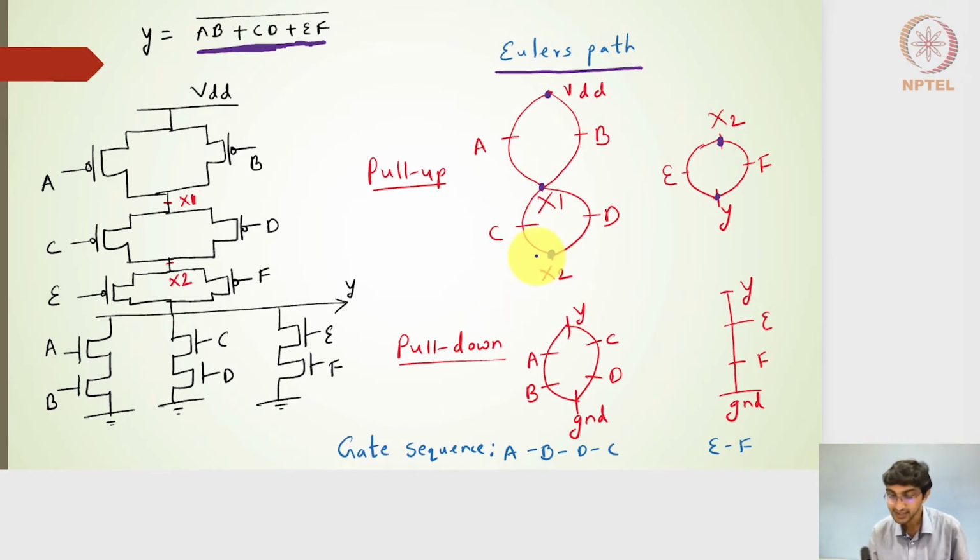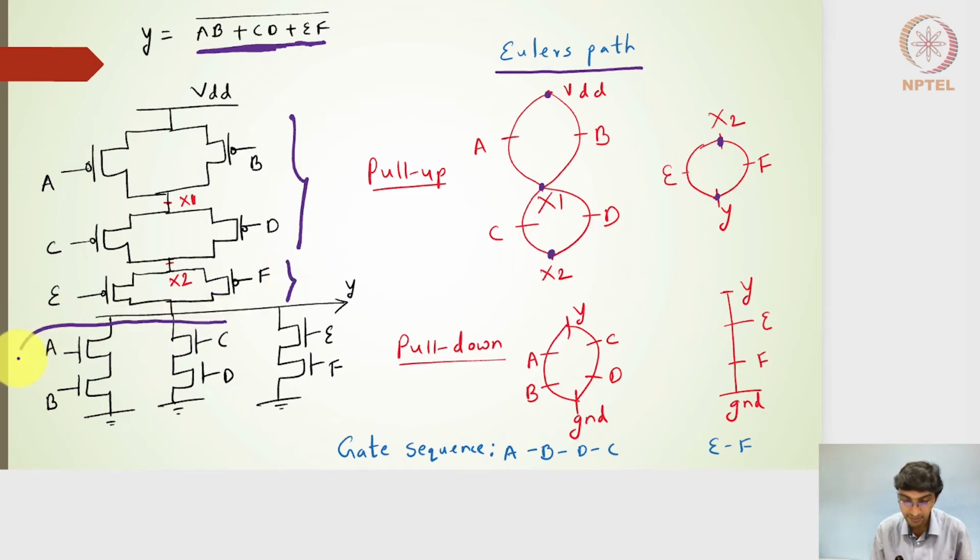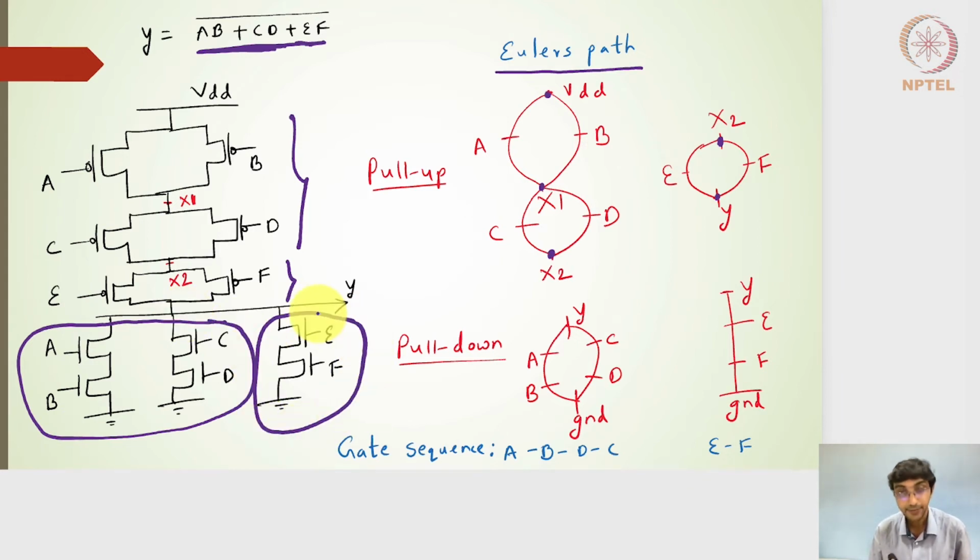So we have separated it out. On the pull-up side we have A, B, C, D as one path and EF as another path. We will also cover A, B, C, D on the pull-down side in one path, and E and F on another path.